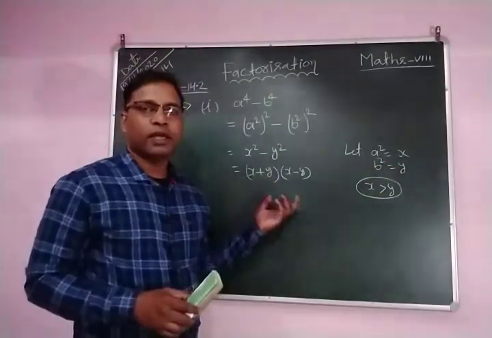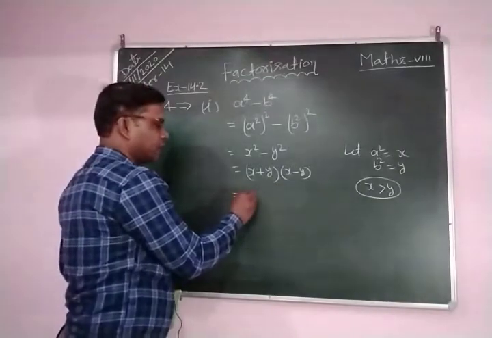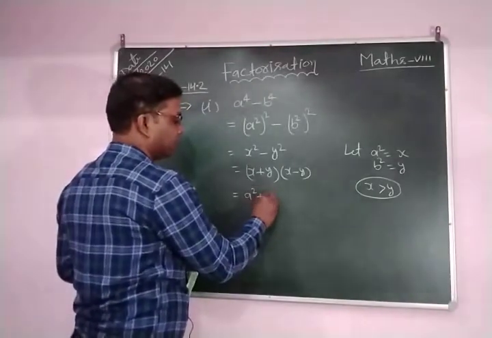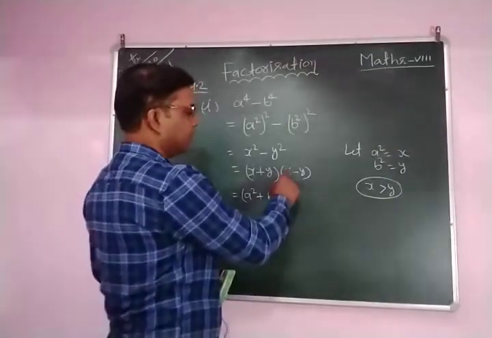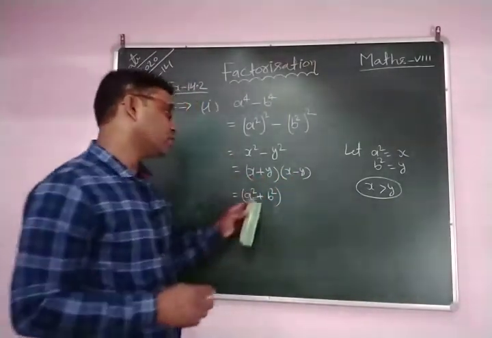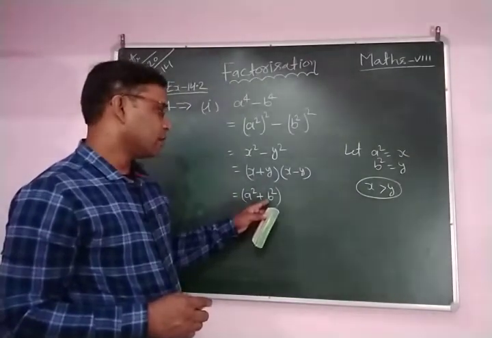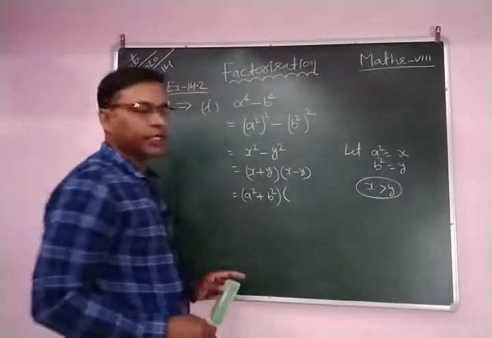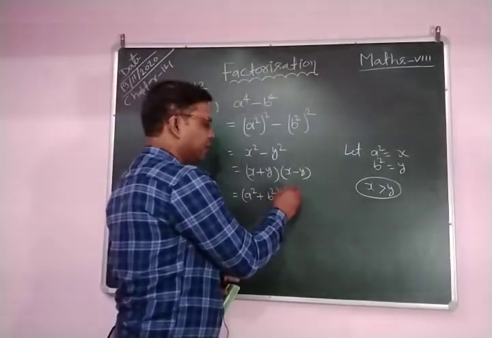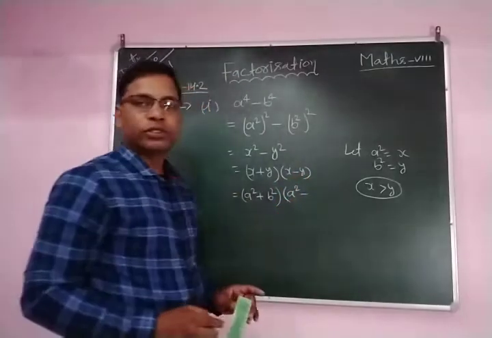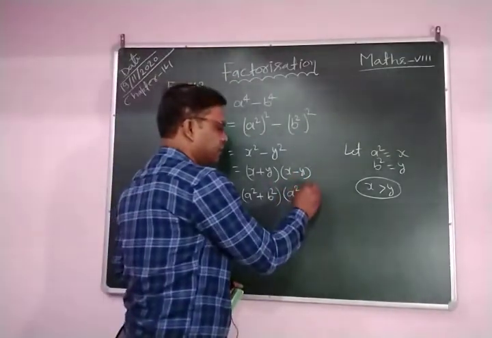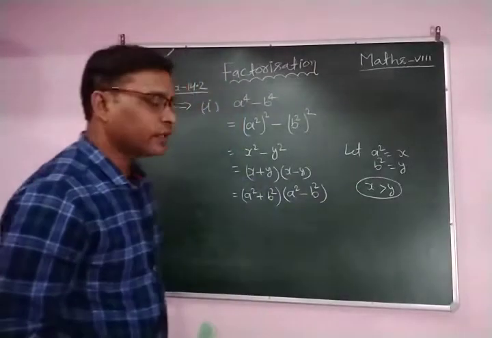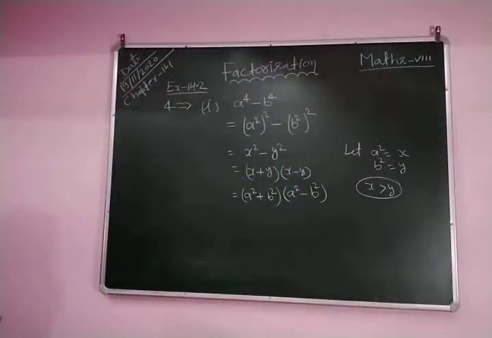So you can put the values of x and y here: x plus y becomes a square plus b square, into x minus y, which becomes a square minus b square, because we let x equal a square and y equal b square. I think all of you understood this step.